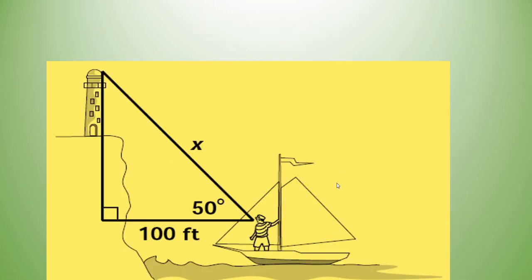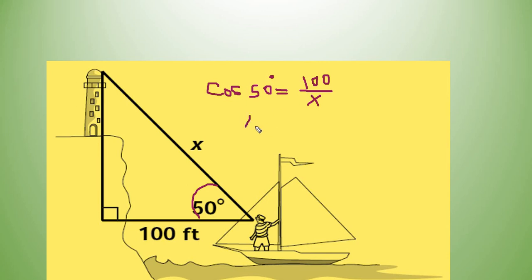Another example. Find the length of x. This distance equals 100 feet and the angle of elevation equals 50 degrees. Therefore, to get x, cosine 50 equals adjacent, which means 100, over hypotenuse x.